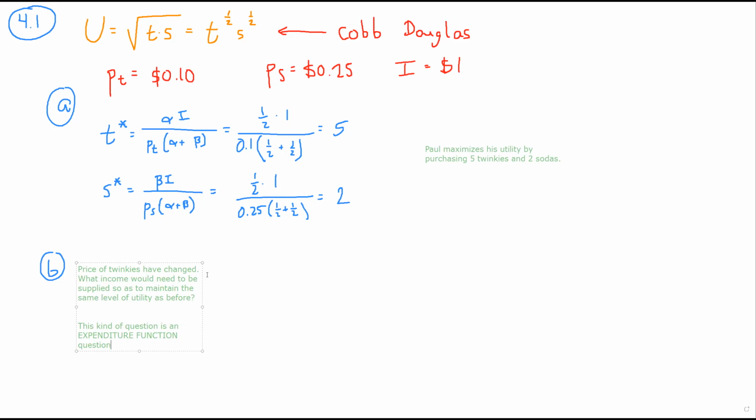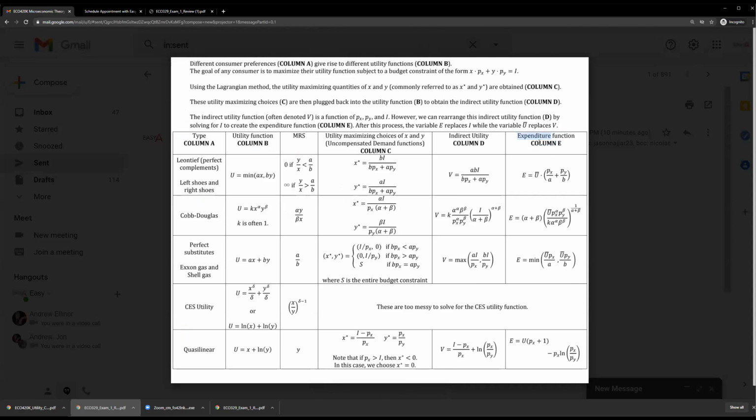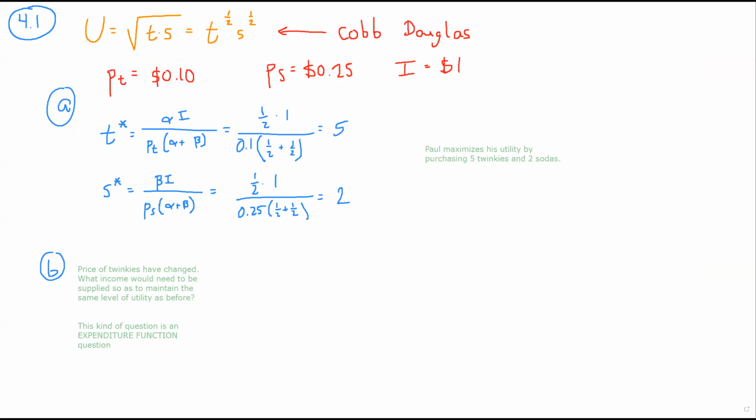So with that in mind, I'm going to be referencing, again, my cheat sheet, which has on it an expenditure function. The expenditure function for Cobb Douglas is unfortunately this monstrosity. So I'm going to copy it into the whiteboard here, and I'll have to toggle back and forth between these things from time to time because I don't have it memorized myself. But I did derive it by hand. It was just painstaking.